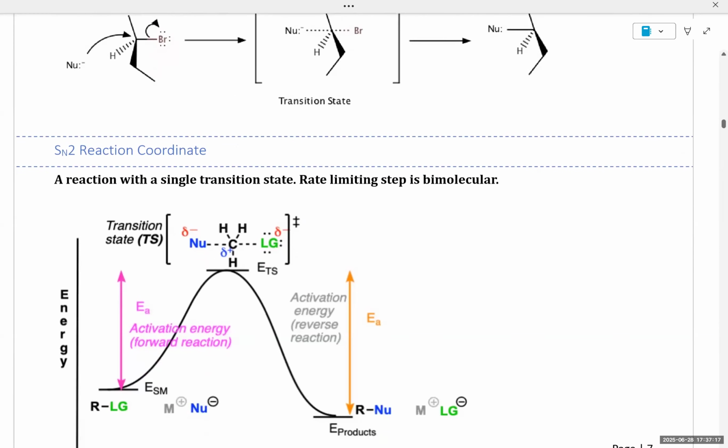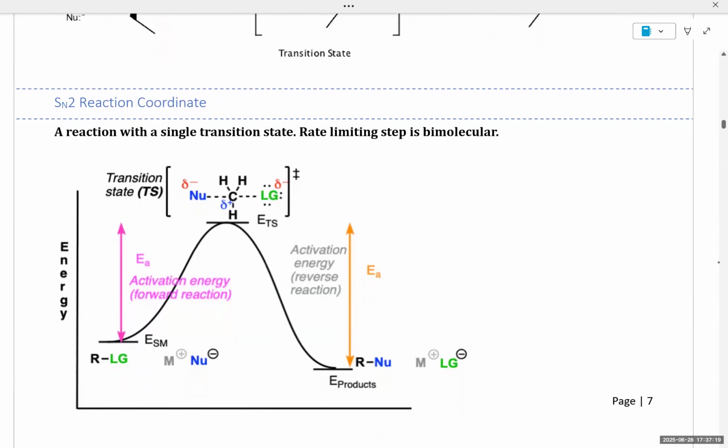Now, the SN2 reaction coordinate is a reaction with a single transition state. The rate limiting step is bimolecular. This transition state involves formation of the carbon nucleophile bond and breaking of the carbon leaving group bond. One thing that I'd like to draw your attention to is that this transition state is sensitive to substrate substitution.